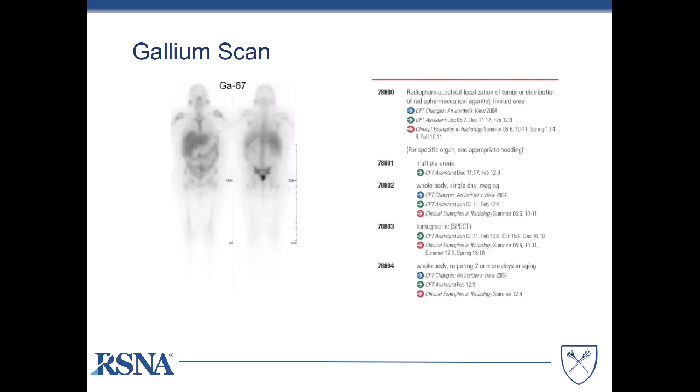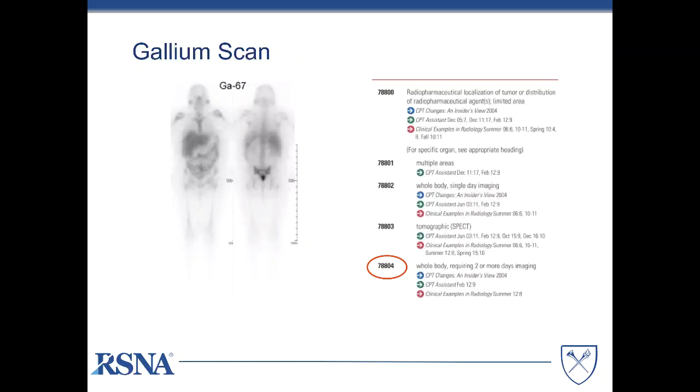In the case of tumor imaging in gallium, these codes would be used. With gallium, often delayed imaging, such as 72-hour images, are obtained. Therefore, the study typically takes more than 1 day. So, of the options noted, then whole body requiring 2 or more days imaging would be selected.